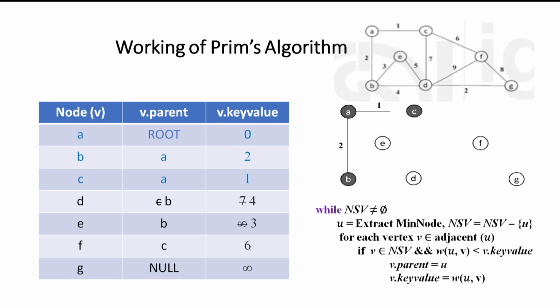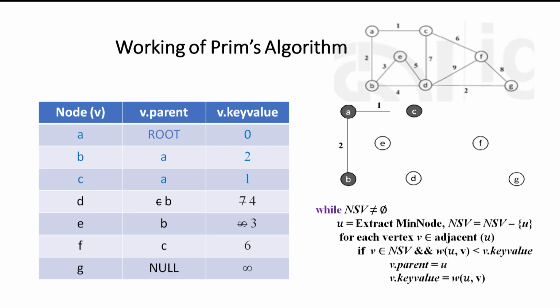So now we can see that the A to B edge is connected, A to C was already connected, and when we reach node B we can see that from B we can directly reach E and we can directly reach D. So in the previous slide when C was the parent for D, the key value or path value was 7, but now when B is considered as parent for D, its cost value is 4 which is lesser than 7.